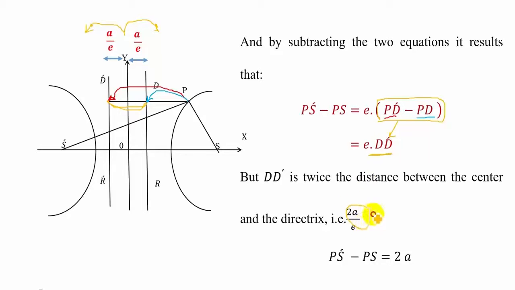Now if we take that and put it instead of DD dash, we will see that e goes with that e and that is the final end. So the difference BS dash minus BS will be equal to 2a.